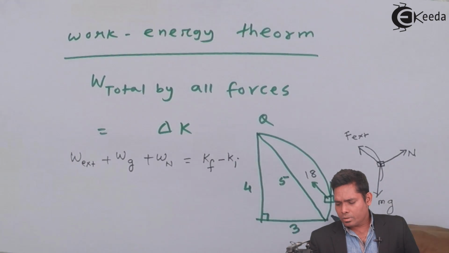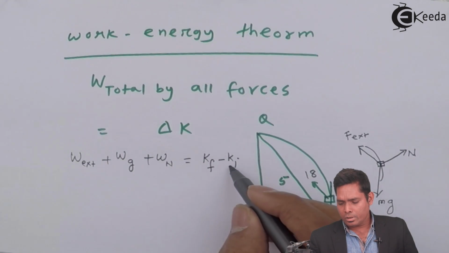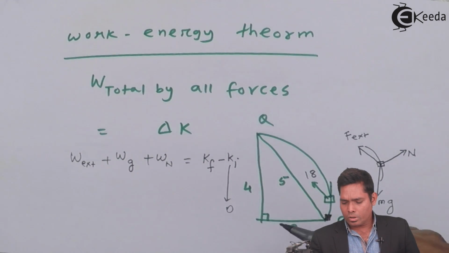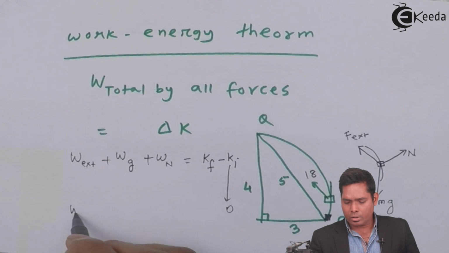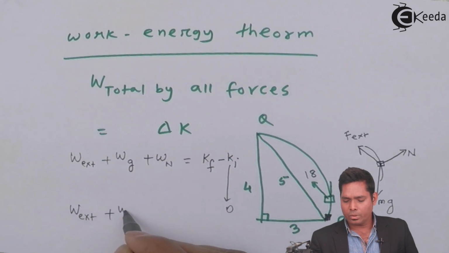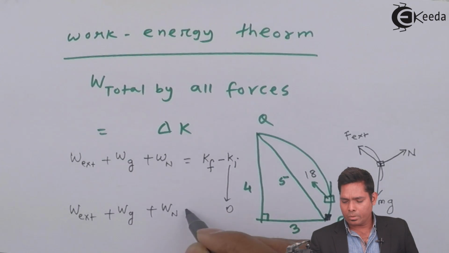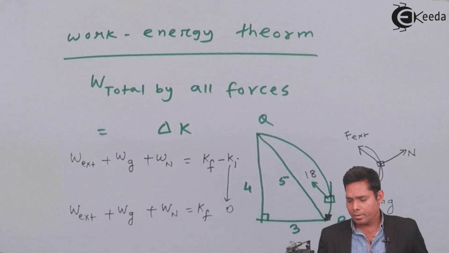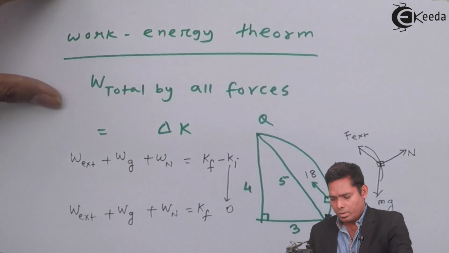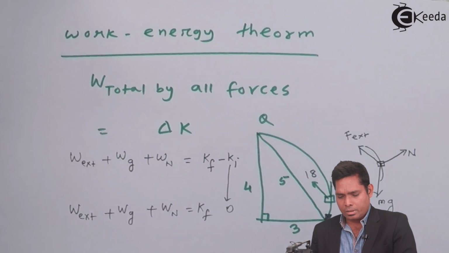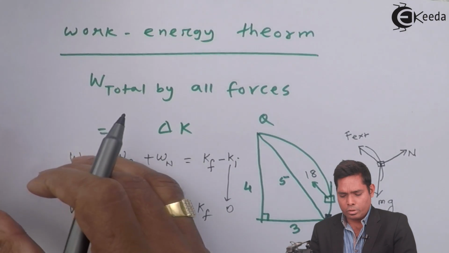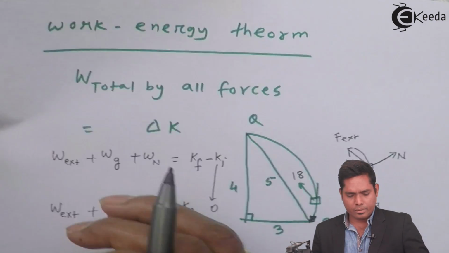As the block starts its motion from rest, its initial kinetic energy is 0. So the equation becomes: work done due to external force plus work done due to gravity plus work done due to normal reaction equals final kinetic energy. Let us put those values in the equation and see what we get.